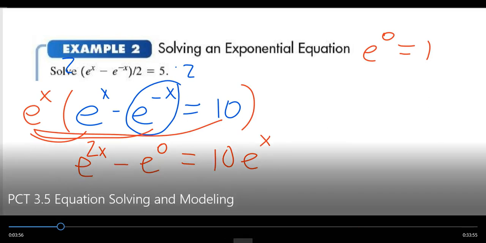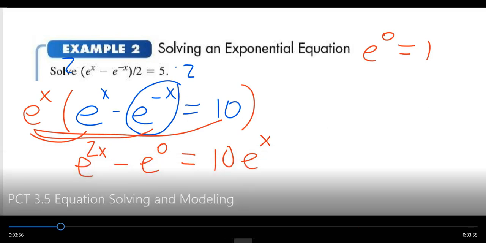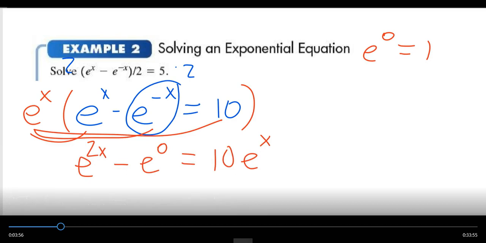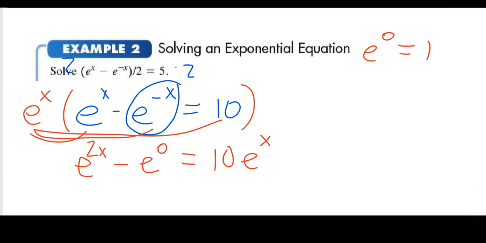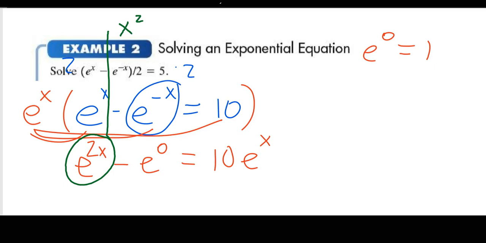Now, I know at this point of this problem, you do not see a quadratic. I would like to show you what you have basically. Currently, this right here is like having x squared.